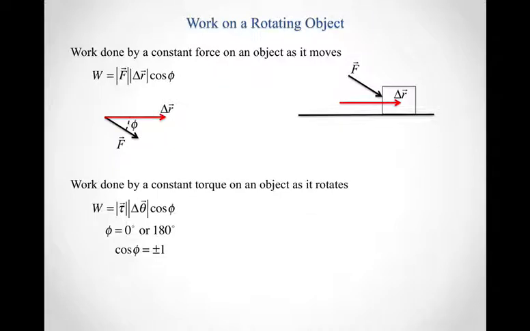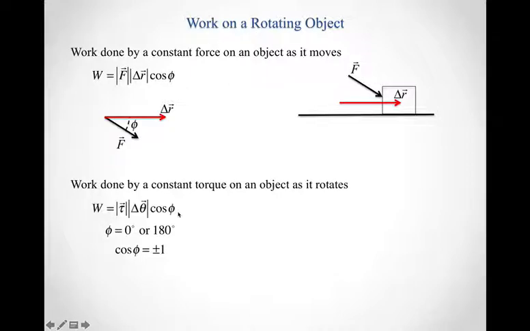And so what that means is they're either going to line up, so the torque and the angular displacement point in the same direction, and therefore phi is 0 and cosine of phi is positive 1, or they're going to point in opposite directions about that axis, and so the angle between them is 180 and the cosine of 180 degrees is negative 1. So we're going to limit thinking about the work done by torques on things that rotate as magnitude of the torque times magnitude of the angular displacement times plus or minus 1 based on whether or not that torque does positive work or negative work.